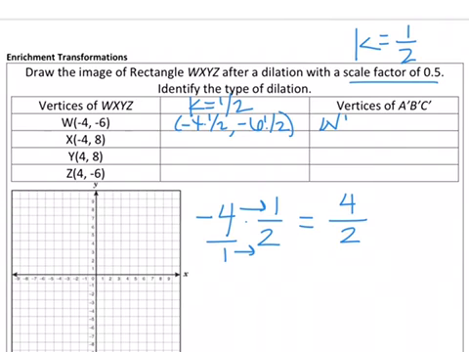Now we also have talked about integer rules where we have a negative times a positive. Those are opposite signs or different signs, so it is a negative answer. Now, this right here can be reduced to -2 over 1 or just -2. So for -4 times 1/2, our first x value, we have a -2 instead.